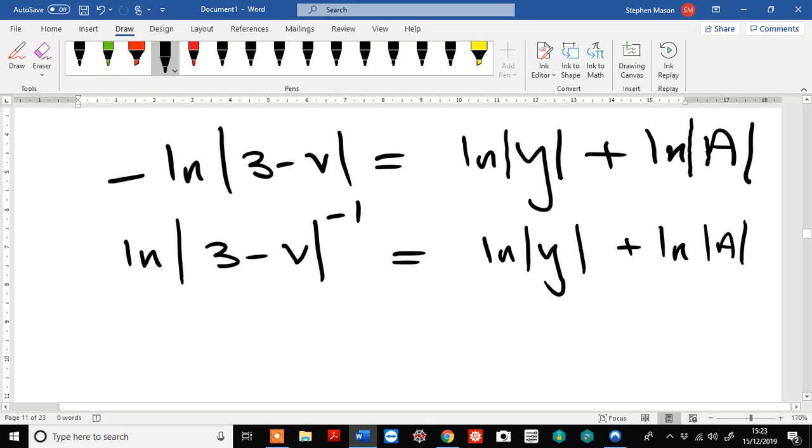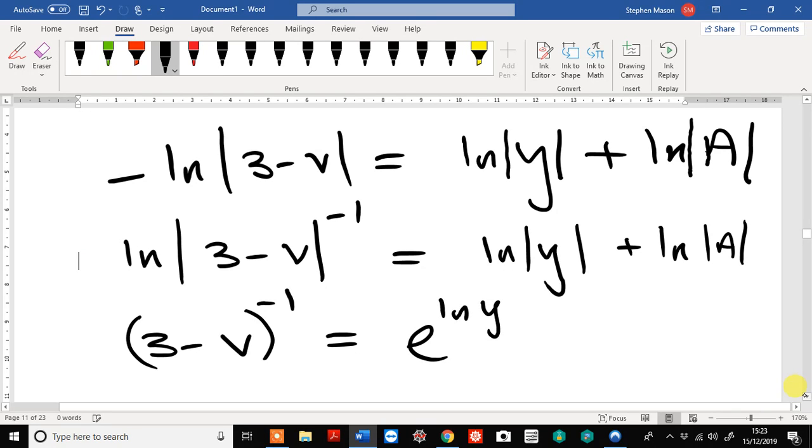Now, if we take inverse logarithms, we get 3 minus v, I'm just going to put that in ordinary brackets, and that's equal to e to the log y plus log of a, right?